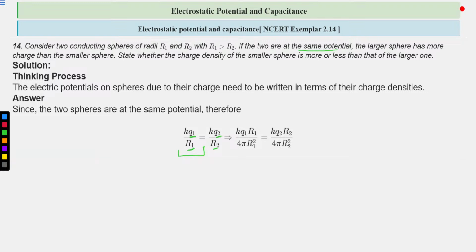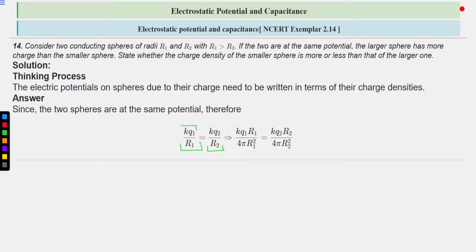So we want to reduce this expression into surface charge density. In the formula for sphere 1, we multiply by r1 and divide by r1, so it becomes kq1 r1 upon r1 square. Similarly, multiply the second term by r2 and divide by r2, so it becomes kq2 r2 upon r2 square.